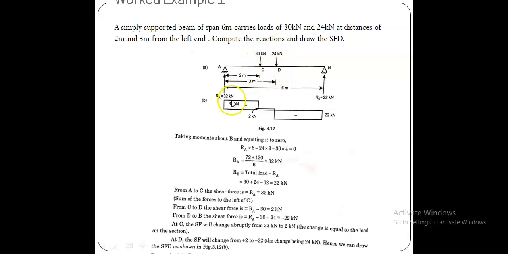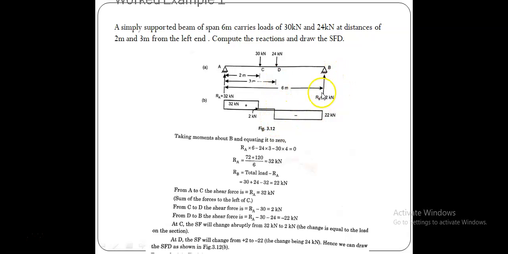So this is 30. So 32 minus 30, what is it? It is 2. Okay, 2 is positive. So that positive 2 is at upward, and the negative 22 is at downward. So like that we have the shear force at this section.